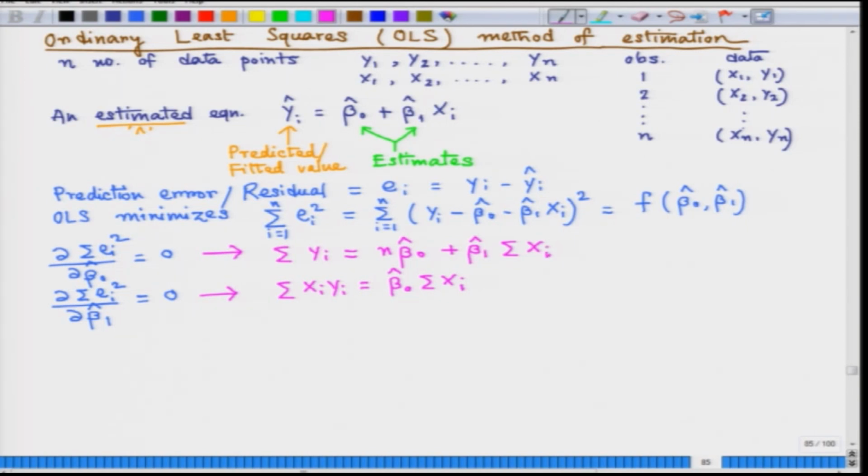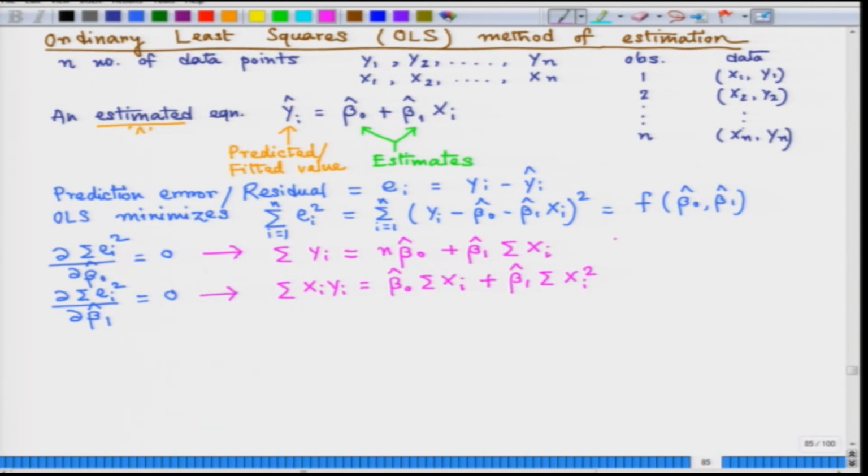So, let me just remove that 1 subscript.